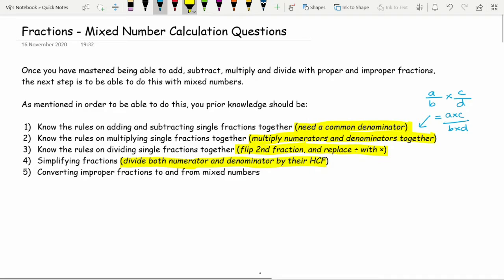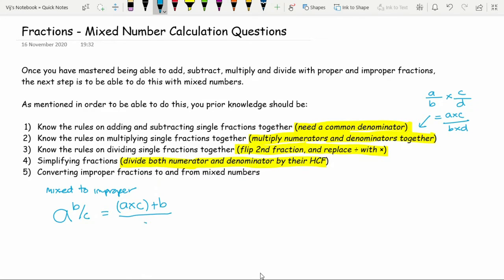Now for this, just a little refresher to quickly do it. If we go from mixed numbers to improper fractions, in a mixed number you've got a big number and a little fraction, which we'll call A and B over C. If we multiply the big number by the denominator and then add that to the numerator of the small fraction, and then have that all over C, that will convert it into an improper fraction.